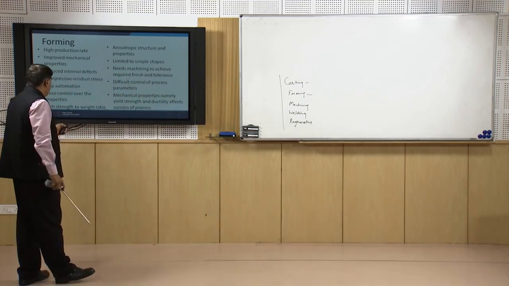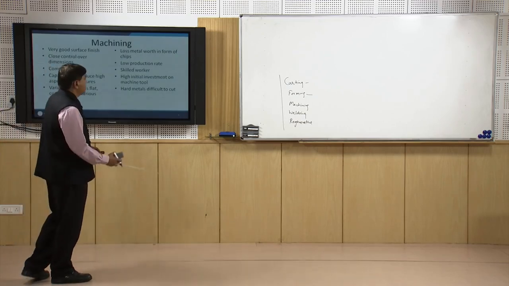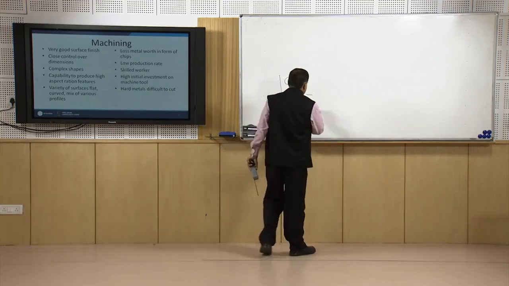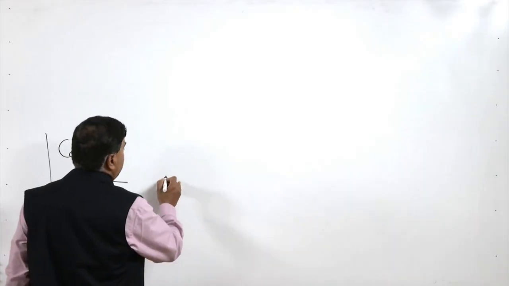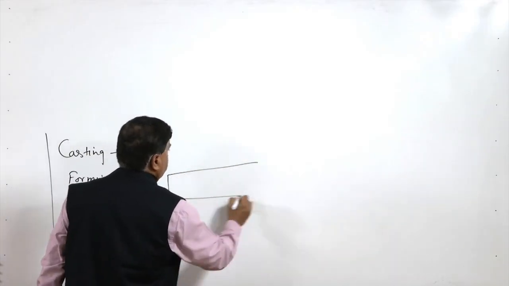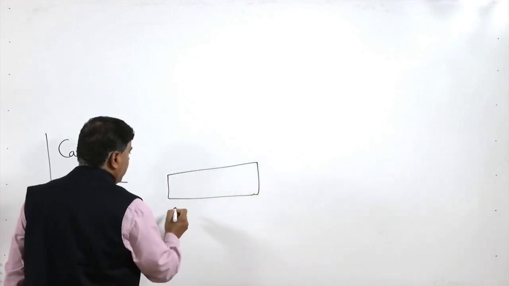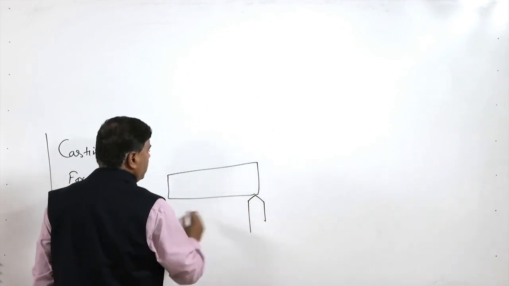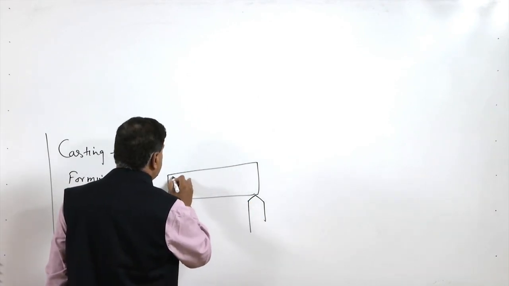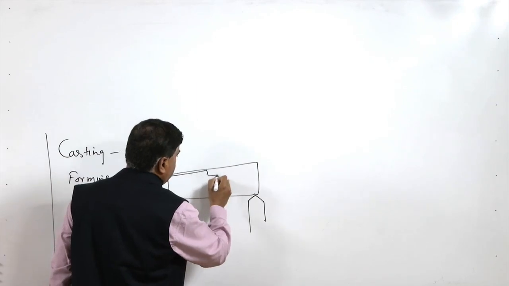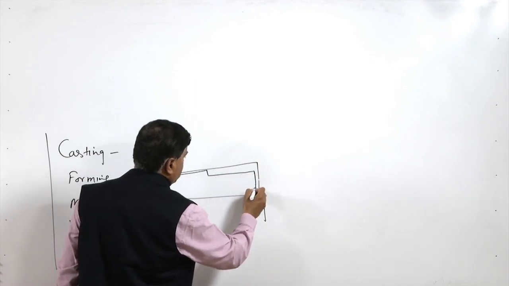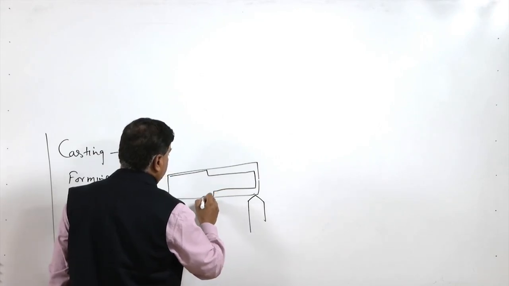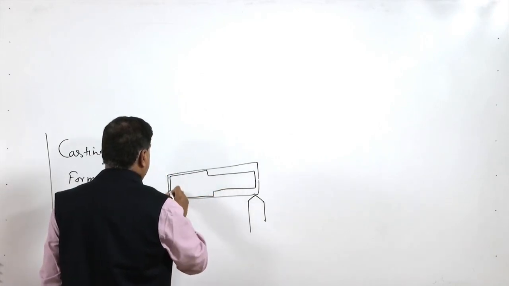Coming to another manufacturing process, the machining one. We know that in case of machining, we take the stock material like this, and using a suitable cutting tool, the unwanted extra material is removed to achieve the required shape.